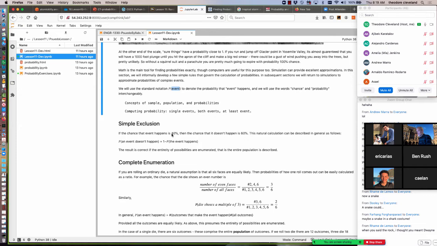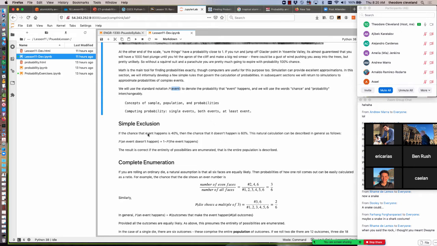So let's look at a couple of situations. The first is what I call simple exclusion. Suppose that you have a definable event, precisely defined in such a way that the event either occurs or it does not occur. Those are the only two possible outcomes. So the entire universe of outcomes is it happened or it didn't happen.